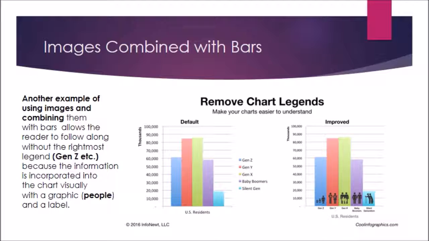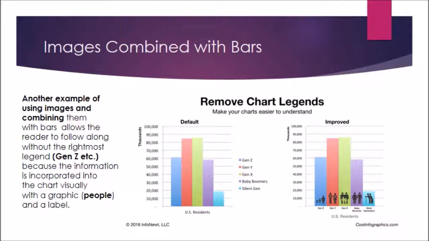So images combined with bars. Here's another example of using images and combining them with bars, allowing the reader to follow along without the rightmost legend. The rightmost legend is the Gen Z color lineup in the first graph. So it's Gen Z, Gen Y, Gen X, baby boomers, silent Gen.